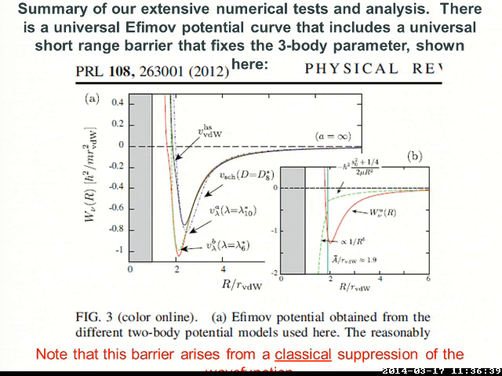Can you comment on the universality of the three-body parameter when the atoms have different masses? Well, that was just what I showed at the end, that there's this big parameter space. It depends on all these things. It's different if the two like atoms have zero scattering length, or if it's near infinite, or somewhere in between.